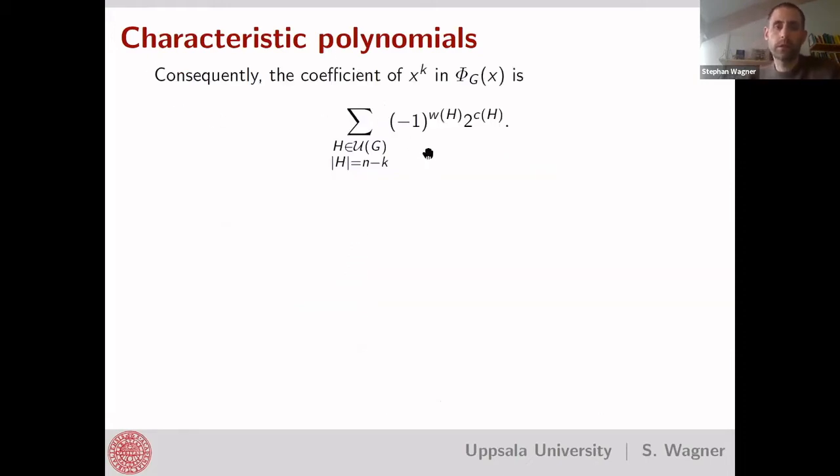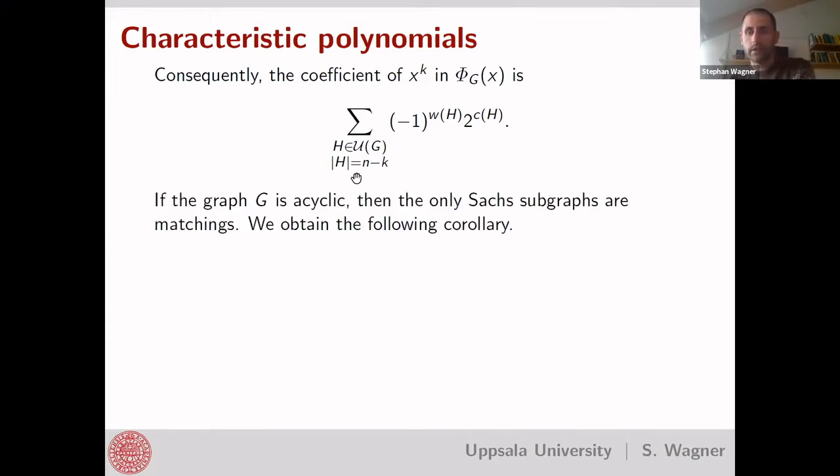So as a consequence, I can express the coefficient of x to the k in the characteristic polynomial like this as a sum of subgraphs of a certain size, with some plus minus terms and some 2 to the power number of cycles. There is a nice special case of this.